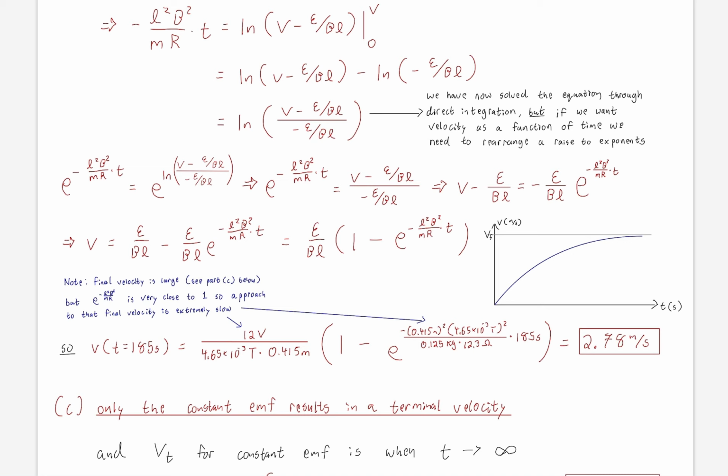There were two forces in this in-class example: the force caused by the external EMF and the force caused by the magnetic field and its induced current. Okay, its effect on its own induced current. So those two forces opposed each other until they balanced, because one of them, the magnetic force, was dependent on velocity, the very thing that was changing.